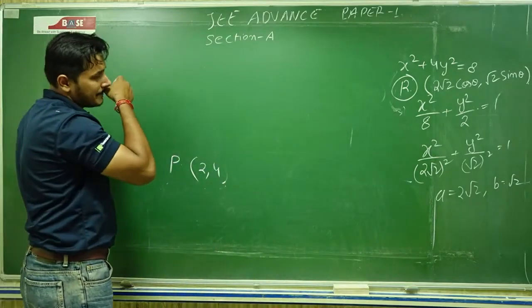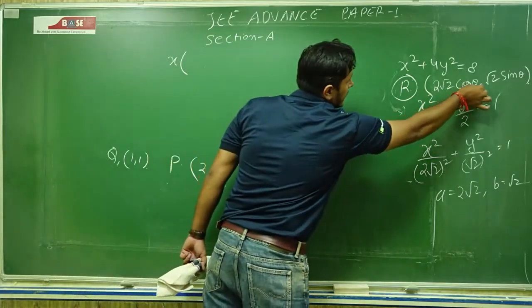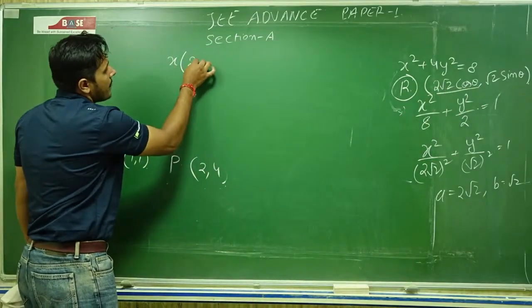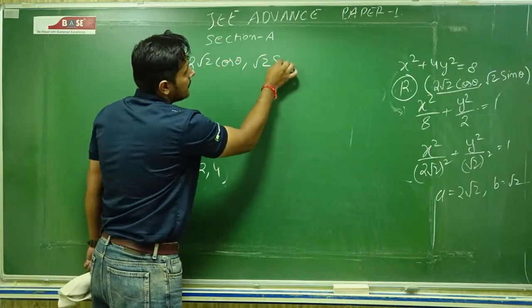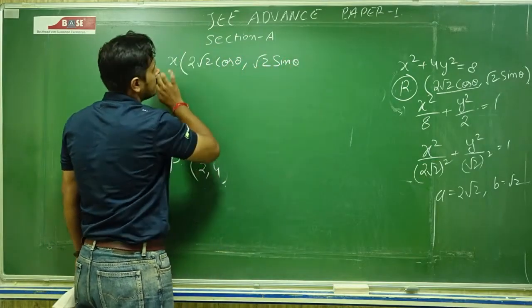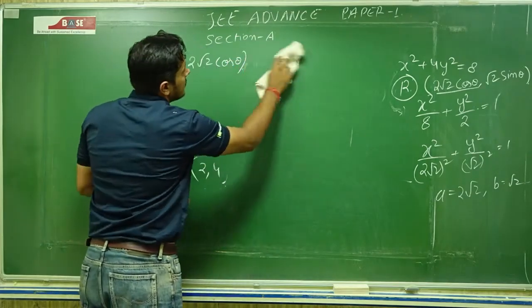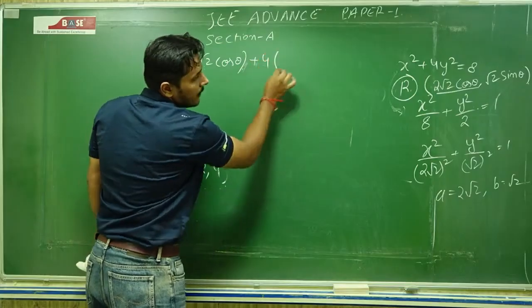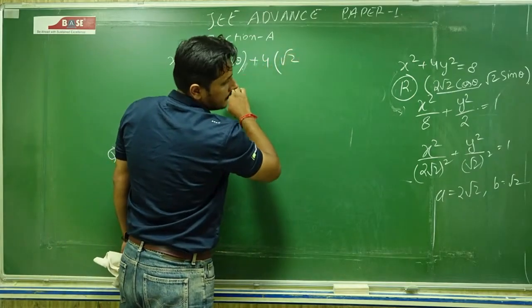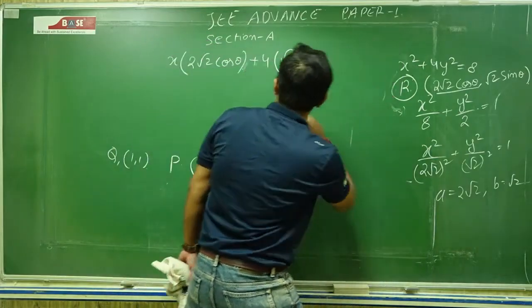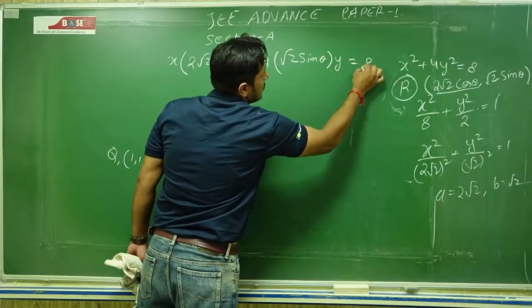Again, equation of tangent is x x1. So what is x1? x1 means this point. So 2 root 2 cos theta, comma root 2, plus 4, y1 is root 2 sin theta, into y is equal to 8.